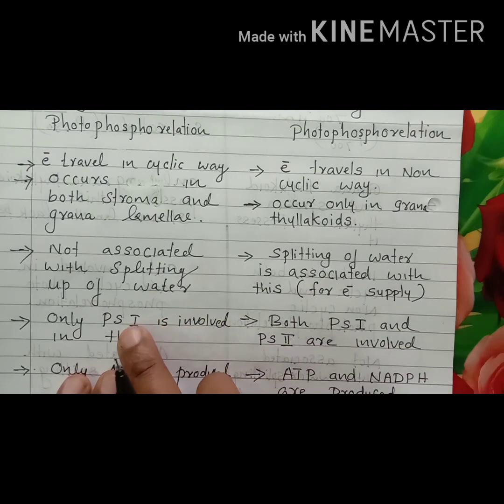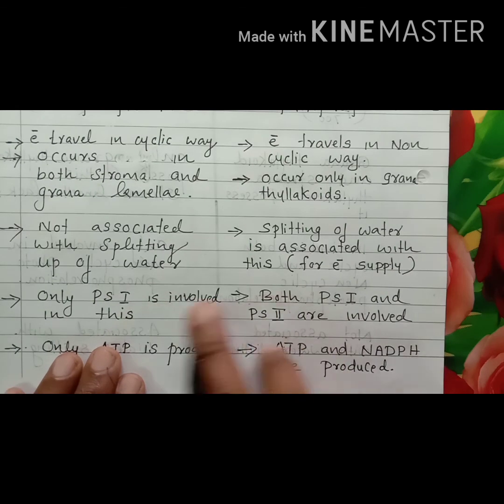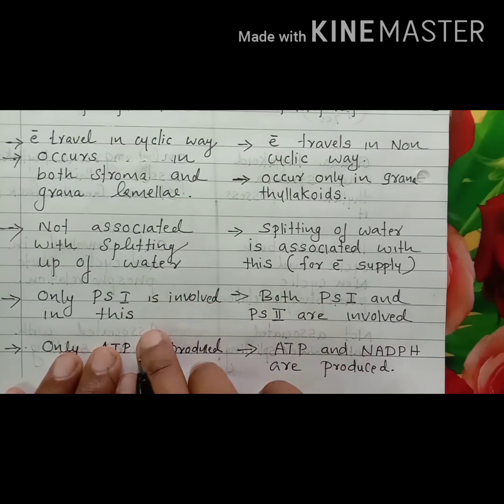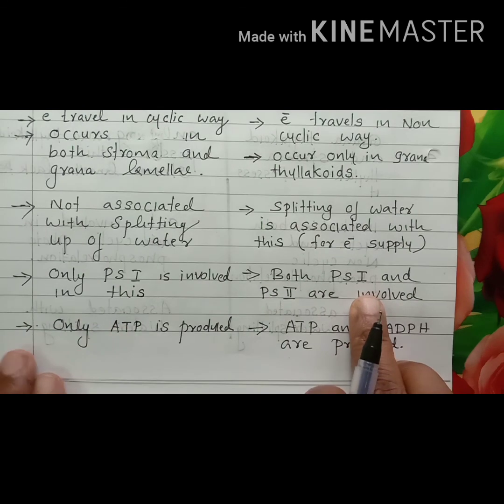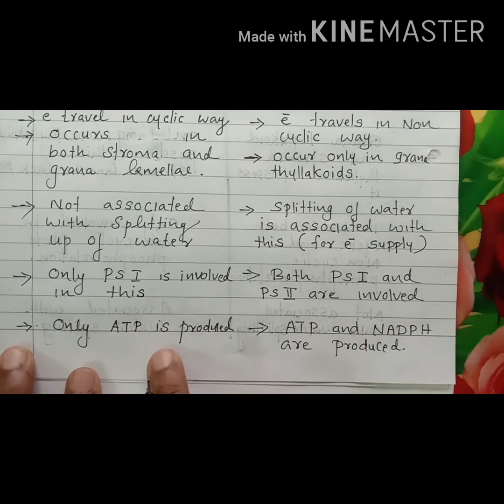In cyclic, PS1 is involved and PS2 is not involved, because PS2 is absent in the stroma thylakoid. But in non-cyclic both PS1 and PS2 are involved. In cyclic only ATP is produced, and in non-cyclic ATP and NADPH are produced. So these are the differences between cyclic photophosphorylation and non-cyclic photophosphorylation.